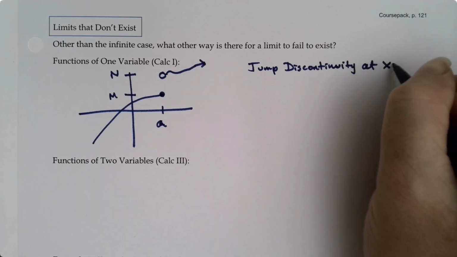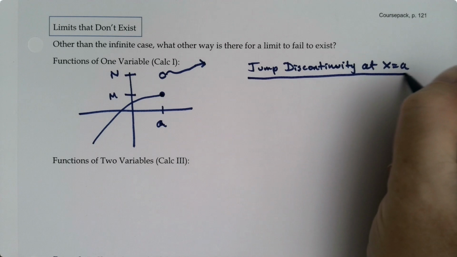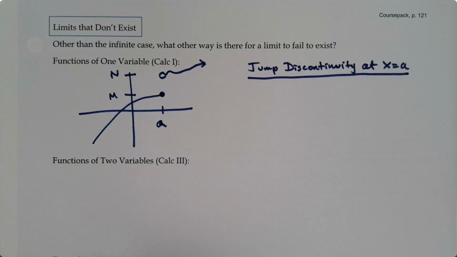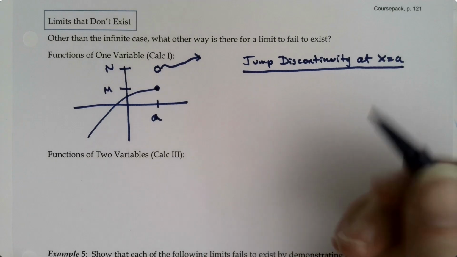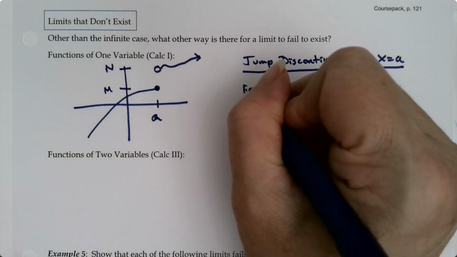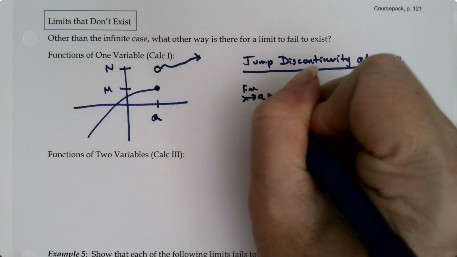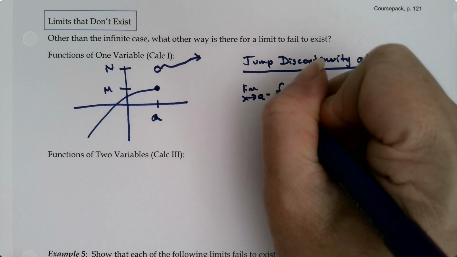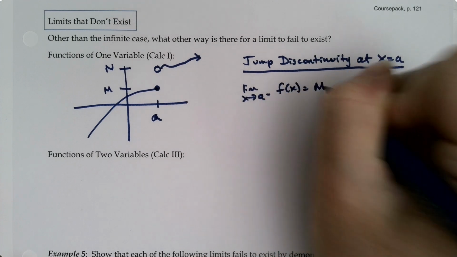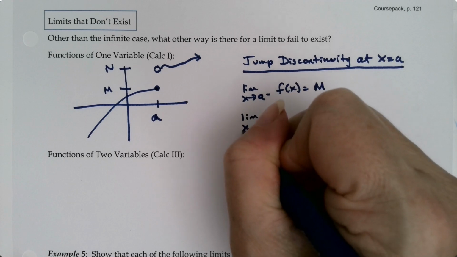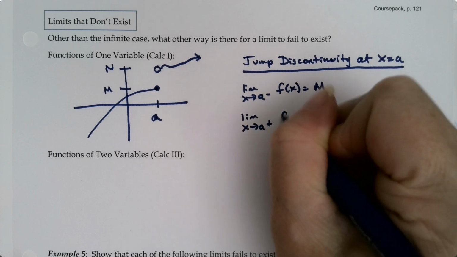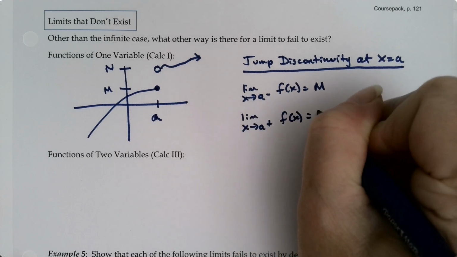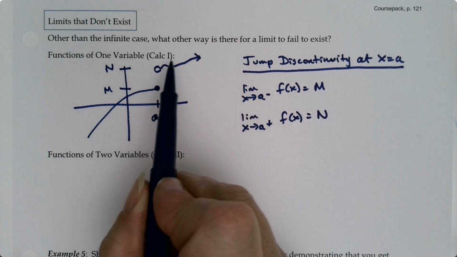At x equals a, if you remember what those were called. All right, so what's happening is that the limit as x approaches a from the negative side of this function was m, and the limit as x approaches a from the positive side was n, right? N is in Nancy.